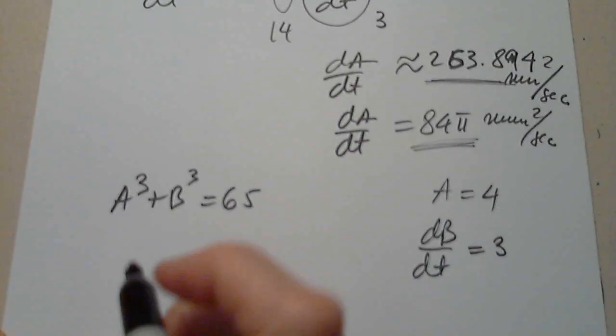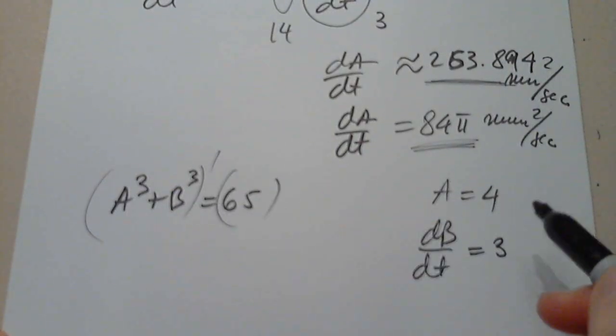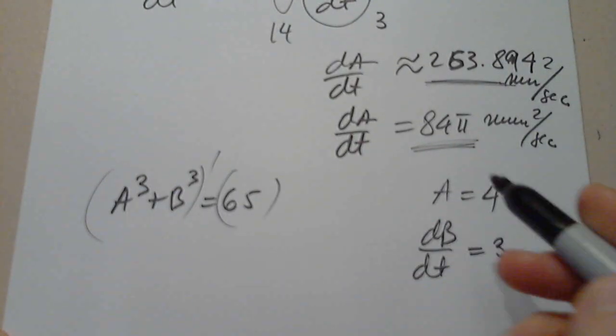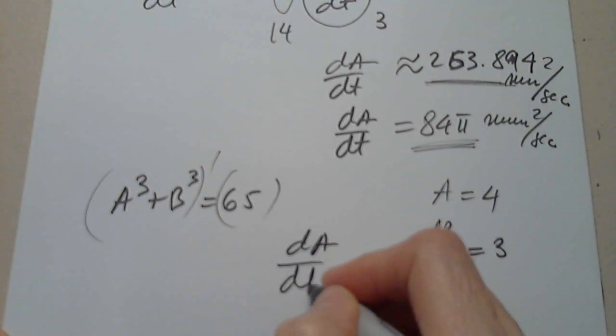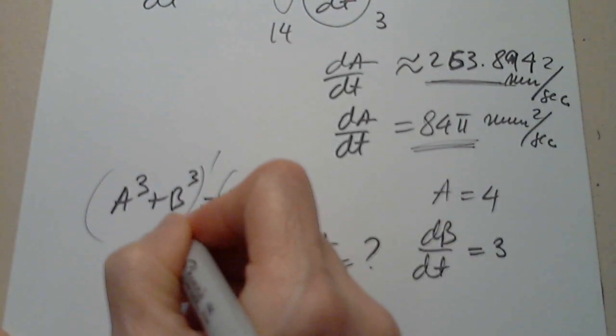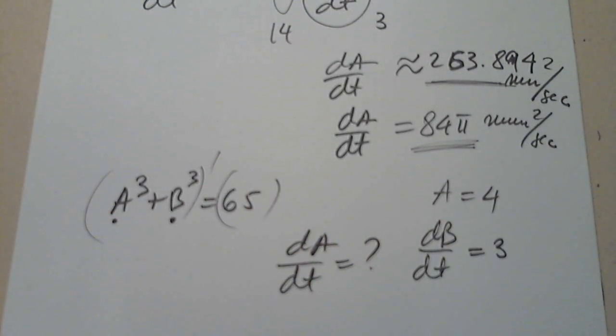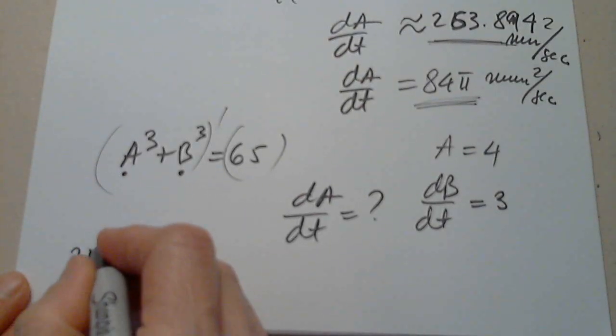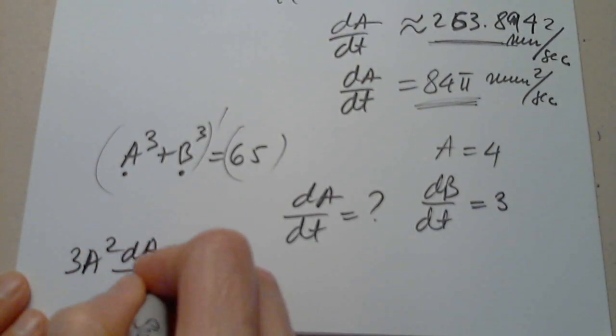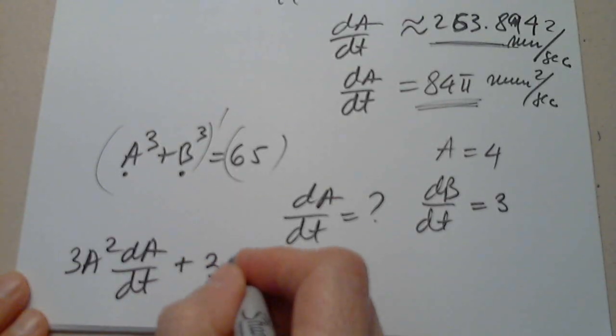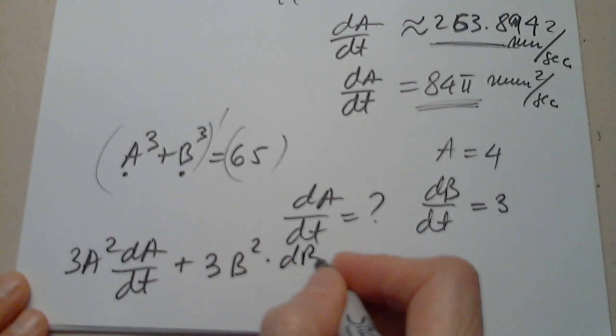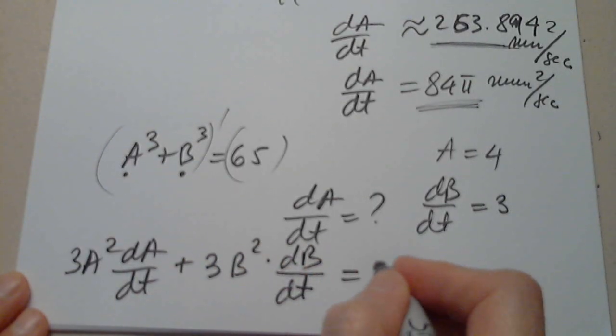Good. So again, we differentiate. Because we are talking about dB over dt and they want us to find dA over dt, I will put a dot, and remember that A and B are not variables. They are functions of time. So then I have 3a squared dA over dt plus 3b squared dB over dt equals 0.